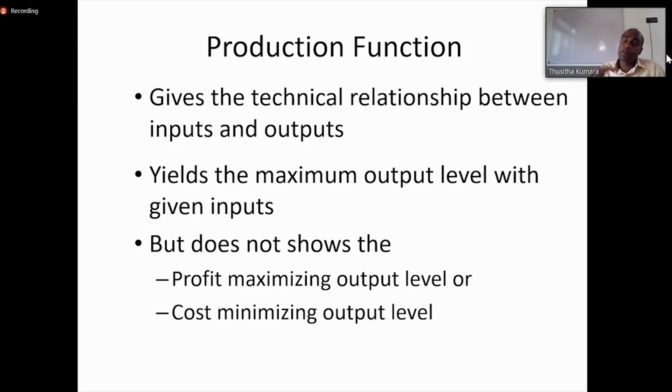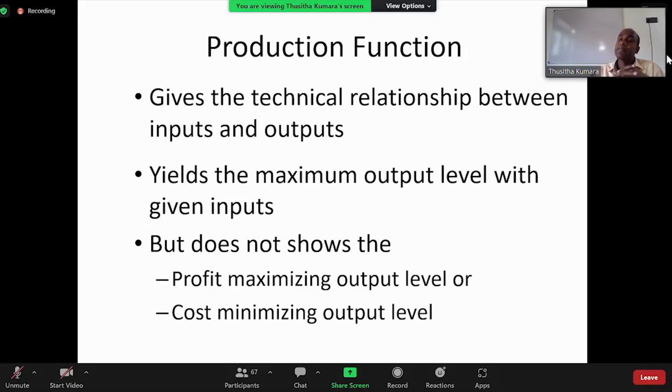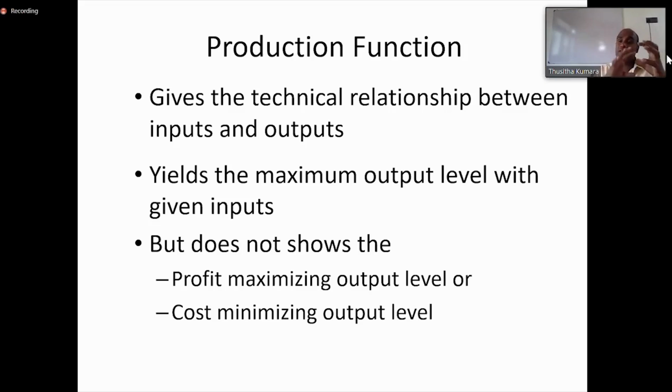If we are taking inputs, how much of output we are going to get, which is given technically. And when we solve that, that provides us the maximum output with the given inputs. So we have some technical relationship, a mathematical function, where if the inputs are given, we will get what is the output.